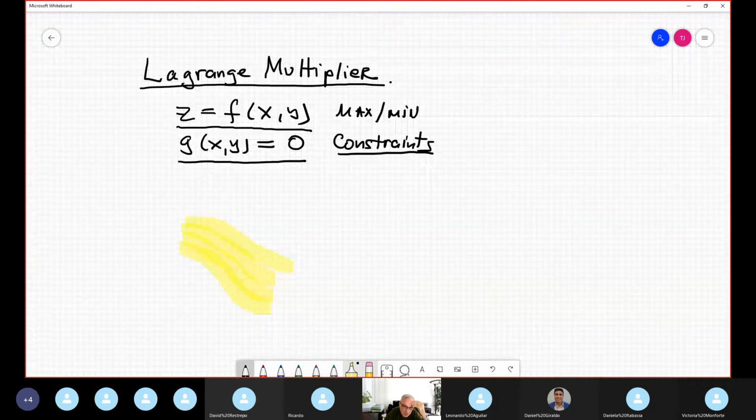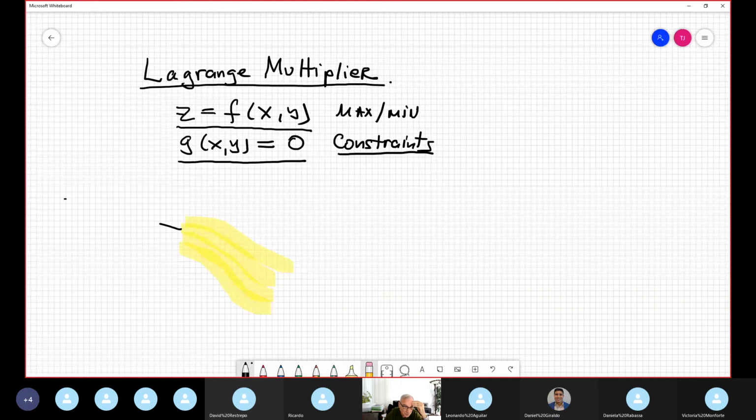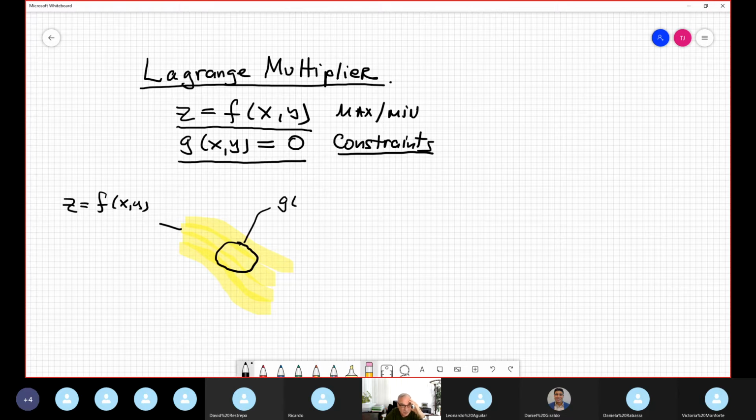So this is the representation for the function c equal f of x comma y. We have a constraint. A constraint represents a region. This is g of x comma y equals 0. So basically, my domain is that part.